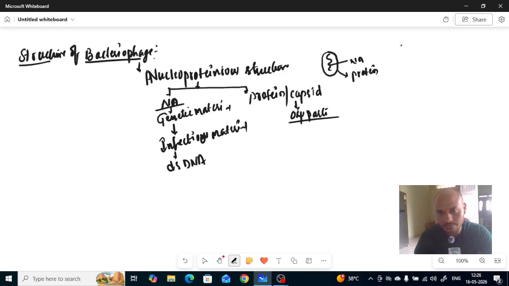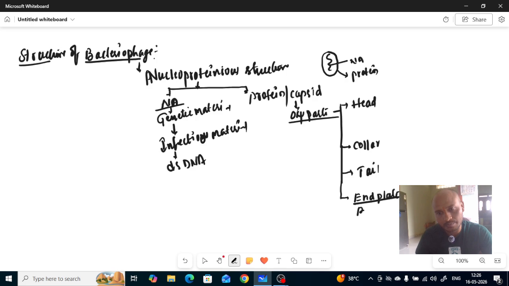The first part is the head, the second part is the collar, the third part is the tail, and the last part is the end plate, also called the base plate.